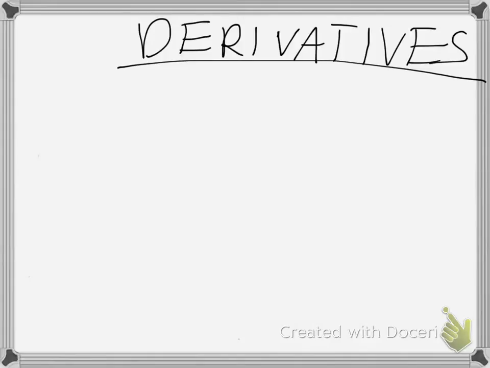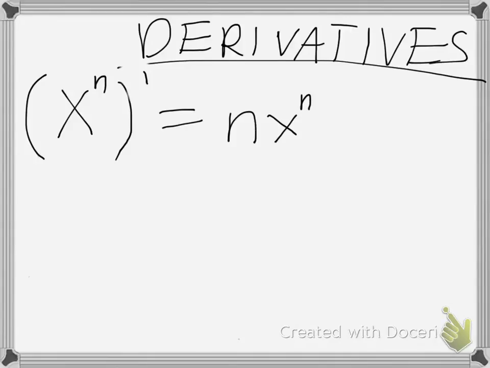So let's get started. I'm going to list the derivatives of a few important functions. First, the derivative of x to the n. To write the derivative of a function, we write that function prime. This little tick mark means the derivative of the function. So x to the n prime equals n times x to the n minus 1.